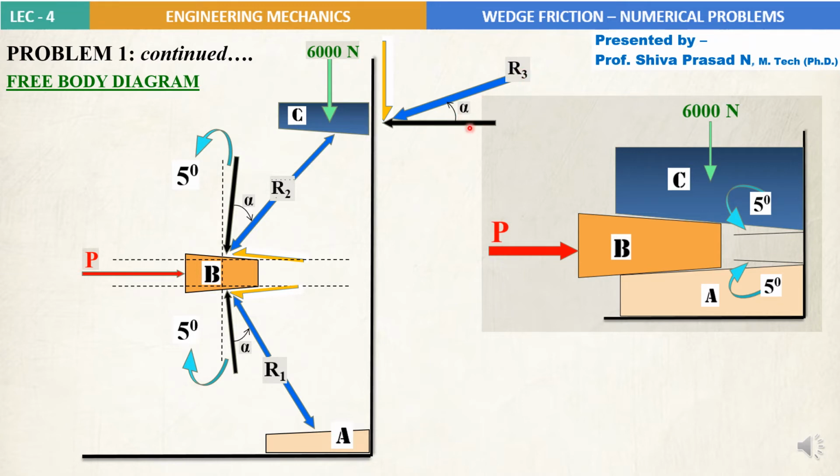And please note that again the angle between the normal reaction over here and the resultant of normal and frictional force, that angle is alpha, angle of limiting friction.